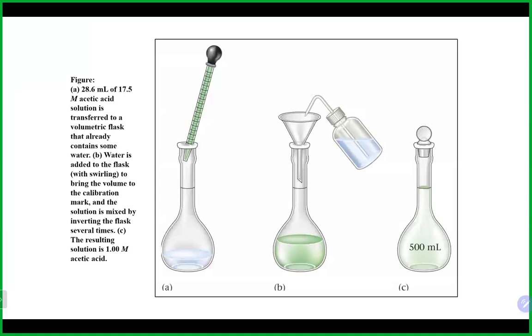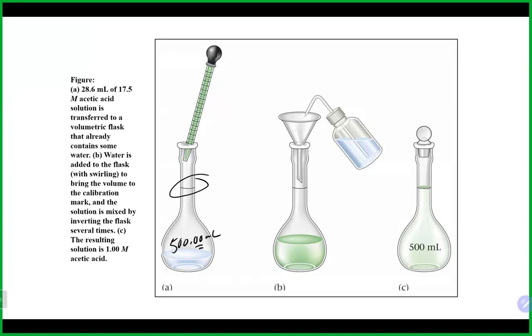So this is one way you could do a dilution. You could use a volumetric flask, and volumetric, as you know, means expensive. Don't break it. Usually volumetric things have one line on them, and that is the volume that you do, and usually two decimal places on volumetric stuff.